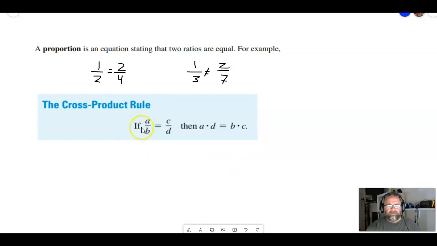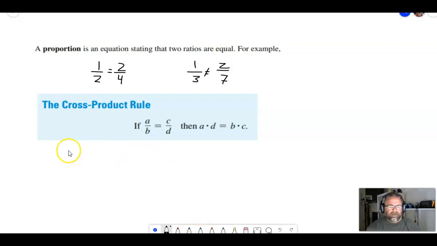And it says that if we have A over B is equal to C over D, and these can be any numbers or values, then you can cross multiply. Then the product of these two values is going to be equal to the product of those two values right there. All right, and let's go ahead and try an example here.